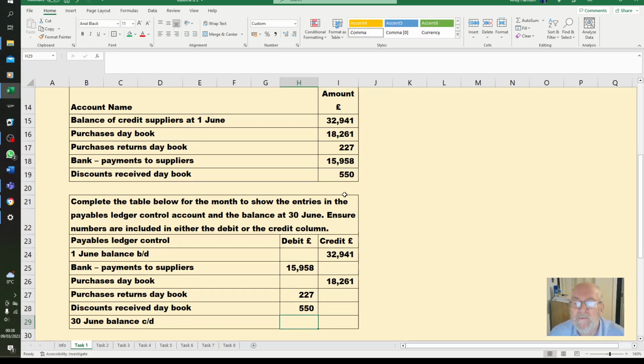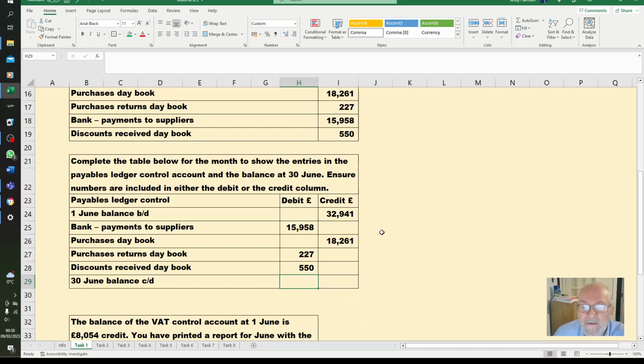1, 2, 3, 4, 5, 1, 2, 3, 4, they're all there. I'm on a cheat, I'm on a computer, why shouldn't I? Spreadsheets were invented for accountants. Add up the two sides, or add up the big side, that plus that, take off the smaller side.